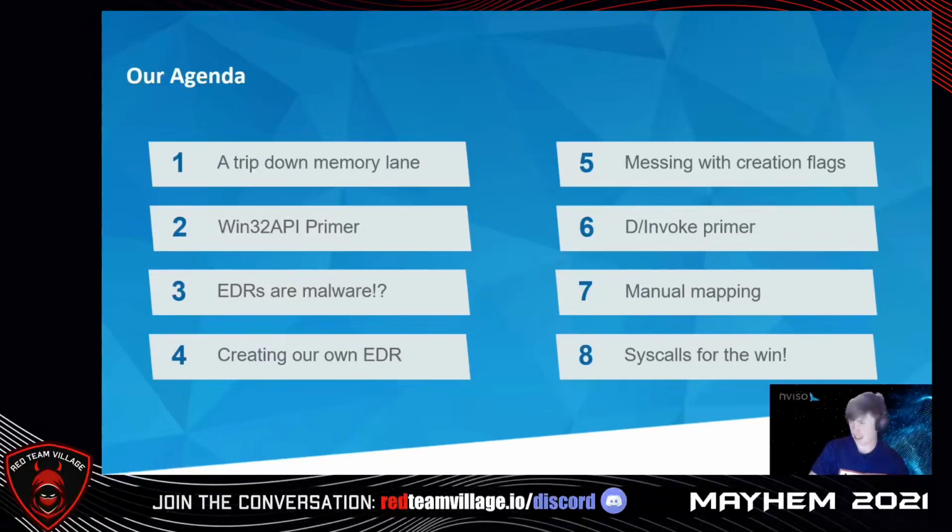I don't want to upset anyone. So I decided to create my own EDR, largely based on a project that Ethical Chaos posted on GitHub, but more about that later. We're also going to talk about messing with creation flags in order to thwart EDRs. We'll give a DInvoke primer, and talk about manual mapping and syscalls. So that's what's on the menu for today.